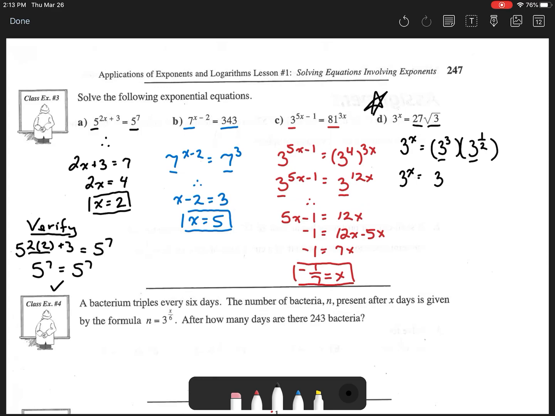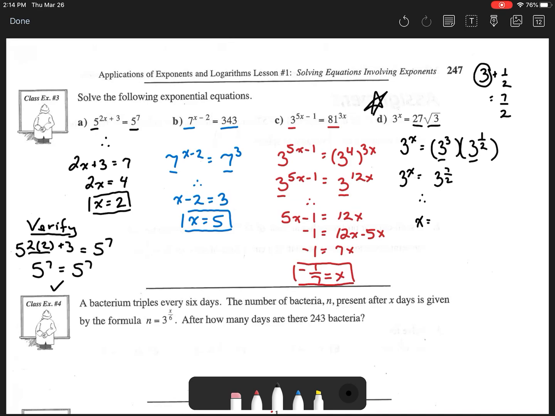So you're going to have to add 3 plus 1/2. Now when you do that using common bases, the 3 will be 6 over 2 plus 1 over 2, which is 7 over 2. So this becomes 3 to the exponent of 7 over 2. And pretty easy from this point.